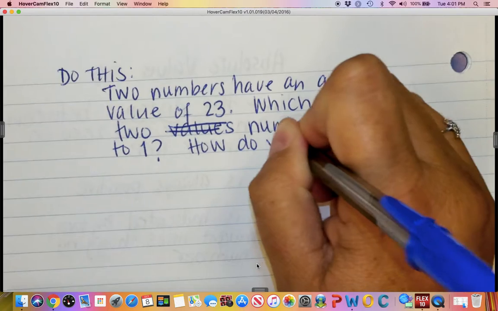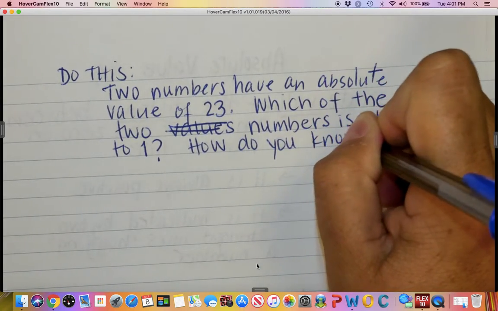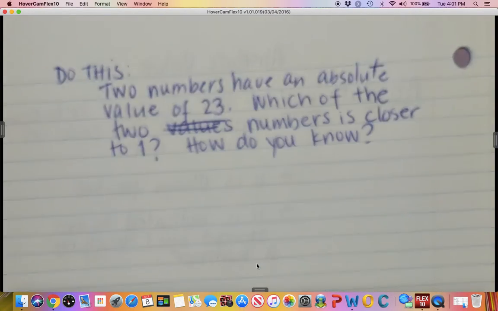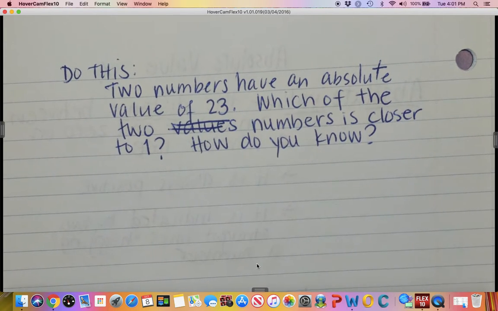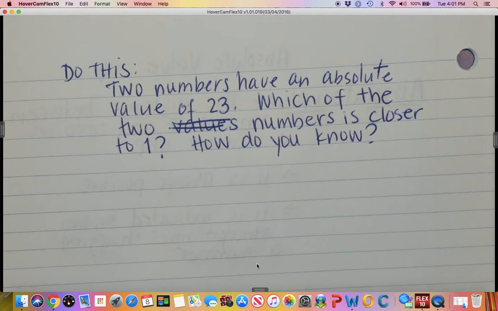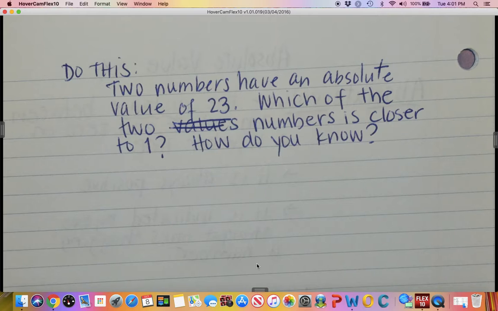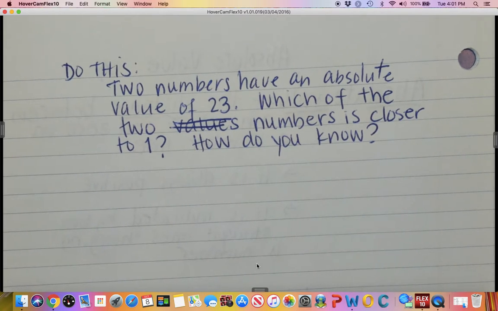How do you know? If you need to draw a number line that helps you understand the problem, I would recommend you draw a number line. But you need to be able to say two things.